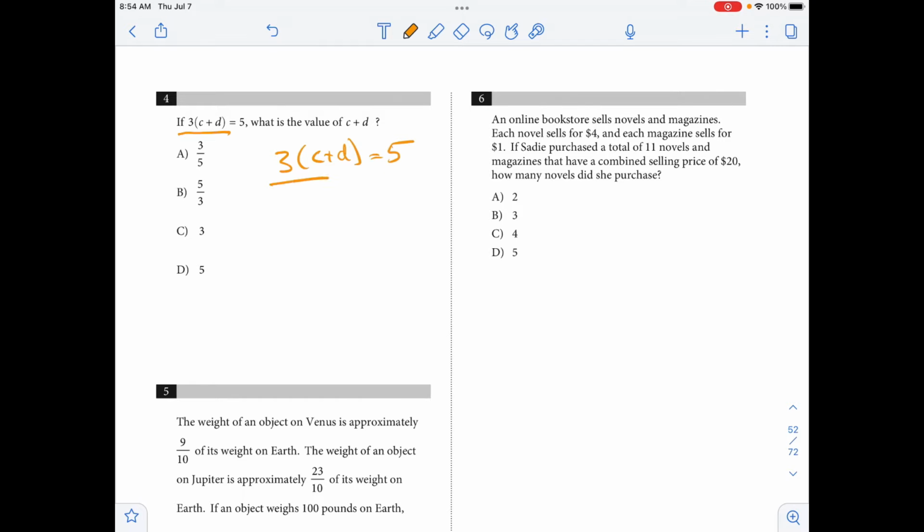We divide each side by 3. That gives us c plus d equals 5 over 3. Usually you're used to solving for a single variable, but here you want to solve for c plus d because that's what they're looking for. That's what the SAT does. So the correct answer there is 5 over 3.